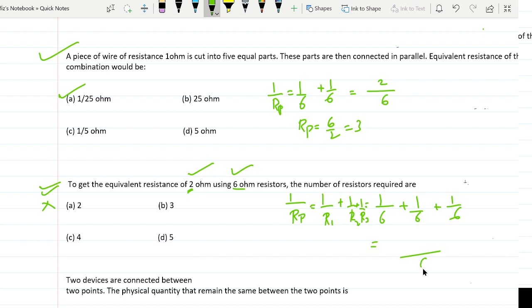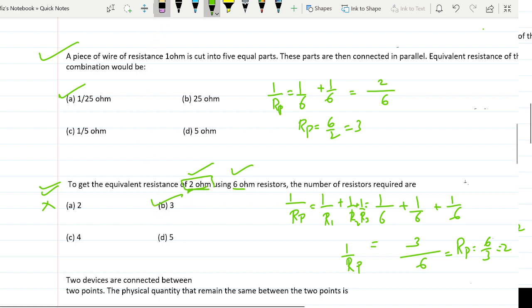So now LCM will remain 6, so 3 by 6. 1 by Rp is equal to 3 by 6, then Rp, reciprocal of this, that is 6 by 3, that gives you 2. It means yes, 3 resistors each of 6 ohm can be connected in parallel to obtain the equivalent resistance of 2 ohm. So according to that, option B is correct here. Children, just follow the things here.